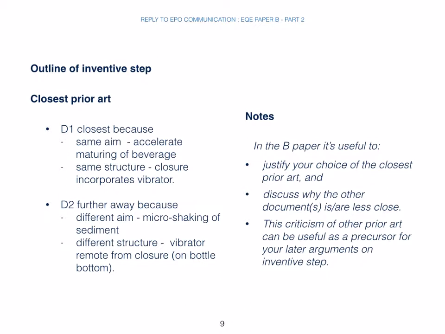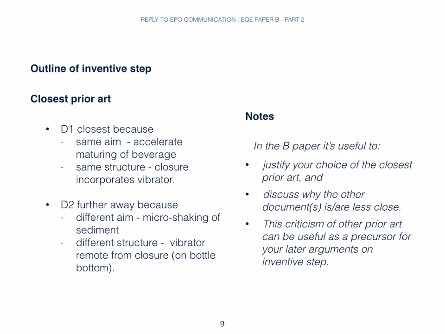So here I'm suggesting that D1 would be the closest prior art because it has the same aim as the invention, to accelerate maturing of beverage, and it has the same structure, the closure incorporates a vibrator. I have also put in a note that D2 is further away because it has a different aim, micro shaking of sediment, and a different structure, vibrator remote from the closure on the bottom of the bottle.